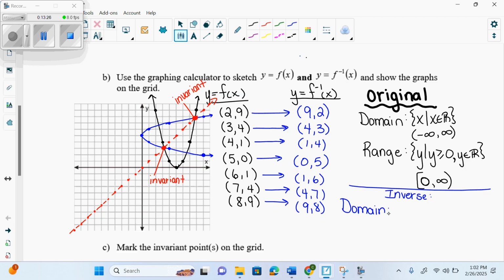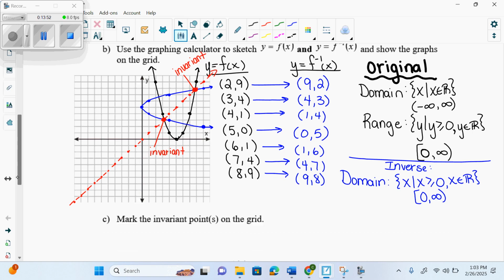So it's this exact range, but with x's. So x such that x is greater than or equal to 0, x is in the reals. In interval notation, it's exactly the same, 0 to infinity. So I start at 0 and then go to the positive.